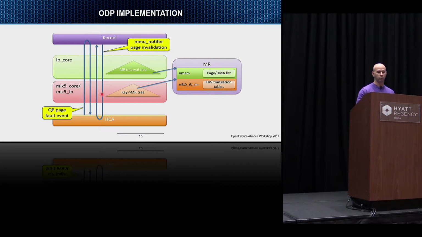And in turn, we get the specific keys and offsets which the device needs to invalidate. So this is a synchronous operation. We invalidate the device TLB, and after that, the operating system can resume what it's doing.